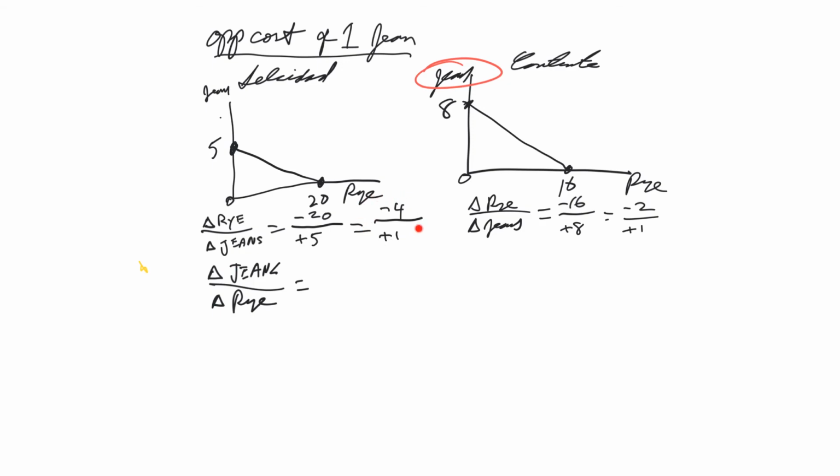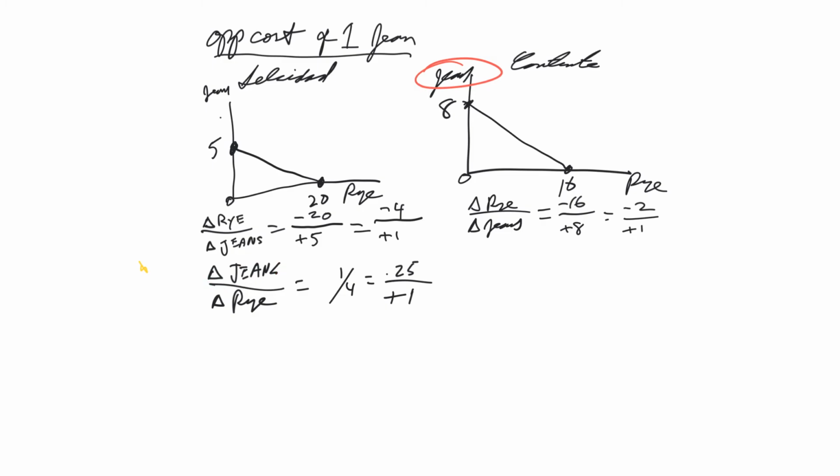We've got this right here. All we have to do is take the reciprocal of that. So negative 4 over 1, the reciprocal is 1 over 4. So 1/4 equals 0.25. There we go. 1 rye costs 0.25 genes.